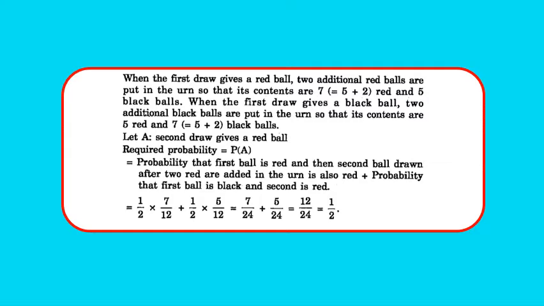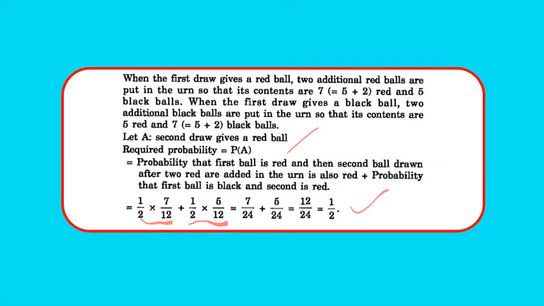So we need to find the probability of A, which is equal to the probability that the first ball is red and then the second ball drawn after 2 reds are added in the urn, plus the probability that the first ball is black and the second is red. So we get half into 7 by 12 plus half into 5 by 12, which on simplification will give half. So the probability that the second drawn ball is red is half. Clear? So pause and note down the solution.